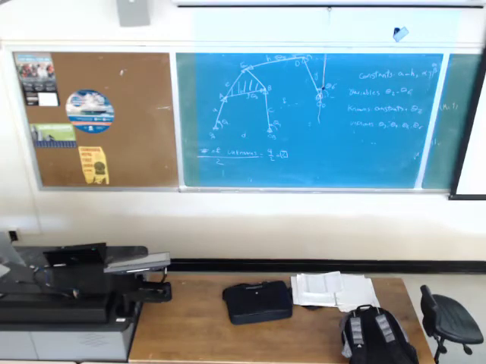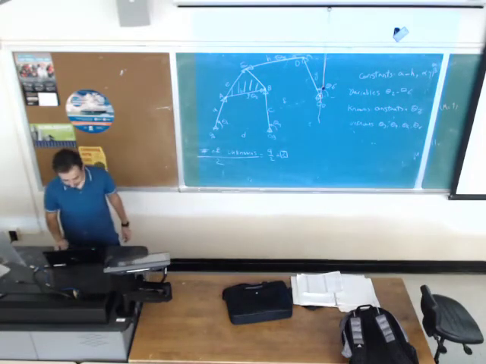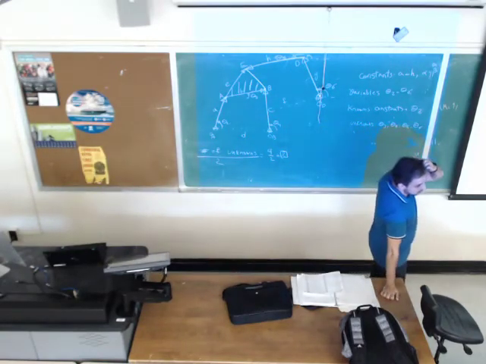Loop 2 is like a five-bar mechanism. We will see how we can work on that five-bar mechanism, with the same equations. How come for the Watt we didn't do a big loop? We can do that.